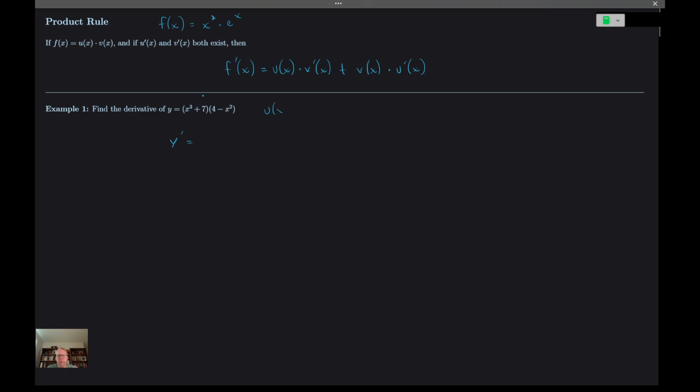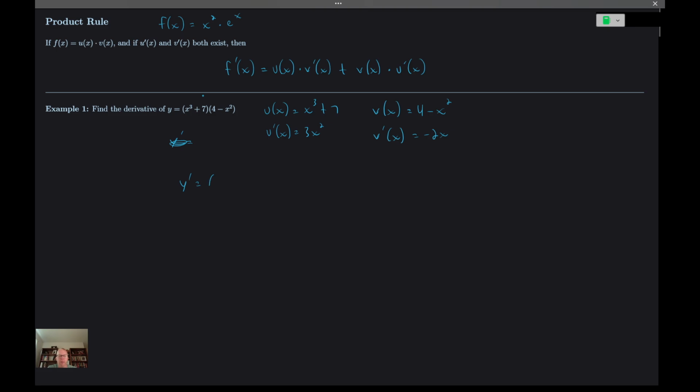So we'll let u of x be x cubed plus 7. We'll let v of x be 4 minus x squared. And so we can write u prime of x is 3x squared, and v prime of x is negative 2x. And so we'll move this down a little bit so we're not too cluttered.